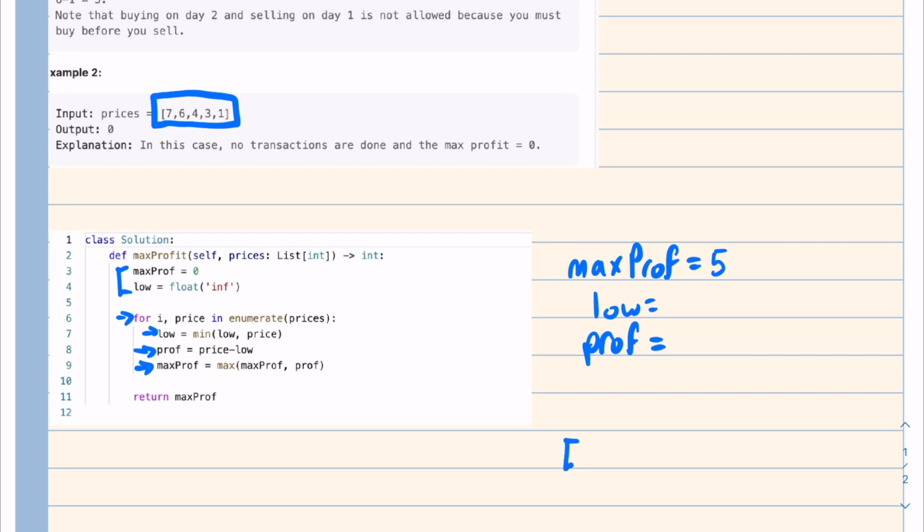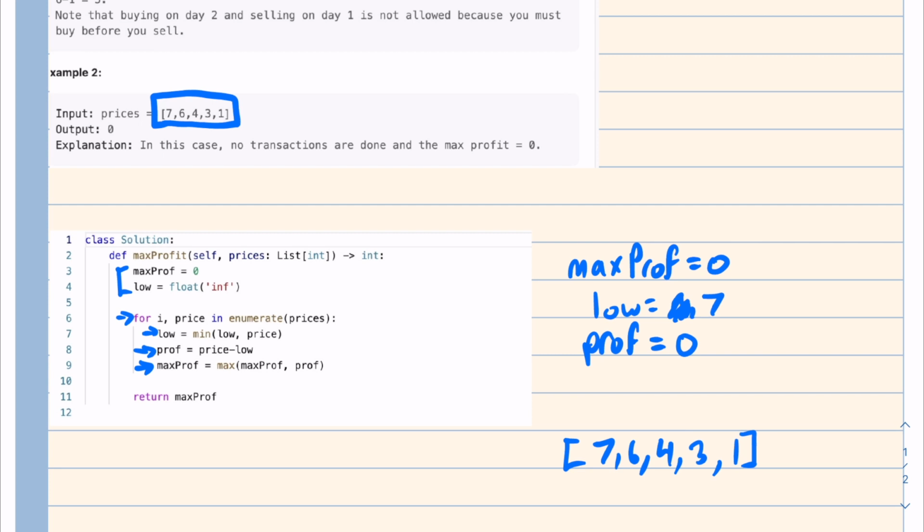Okay, so if our array is 7, 6, 4, 3, 1. Our low started off as infinity, max profit is 0, and profit doesn't have a value right now. And then we enter the for loop, so our low becomes 7. 7 minus 7 is 0, so our profit is 0.